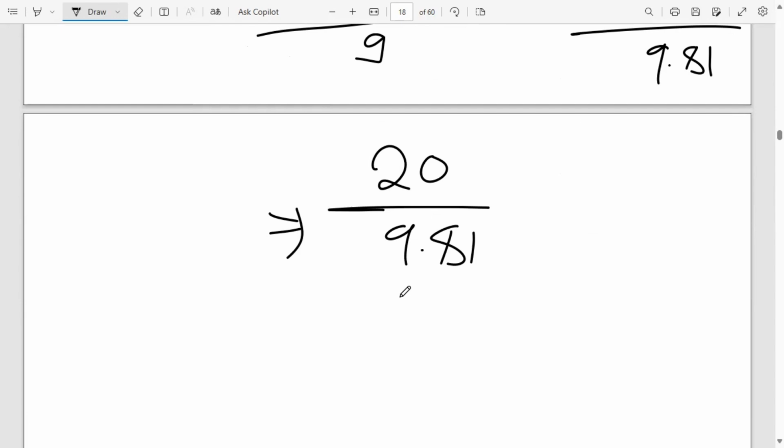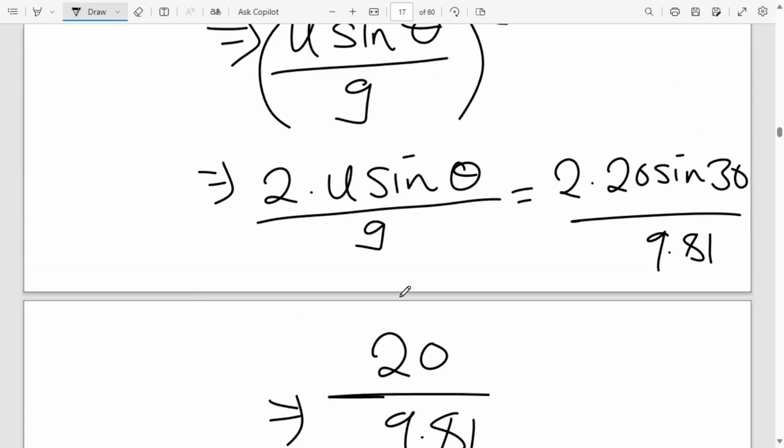Got a question. Yes. The time we did 20 sine 30, it gave us 10. Wasn't that 10 the initial? Yes, it's the initial velocity in the y-axis. So like here, we're not using that 10. No, we are using the formula just says u, not u in the y or in the x.